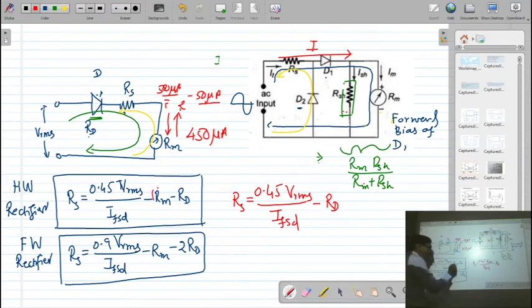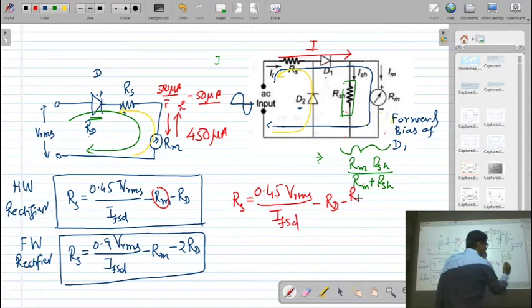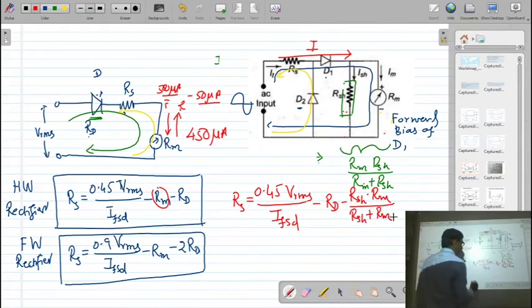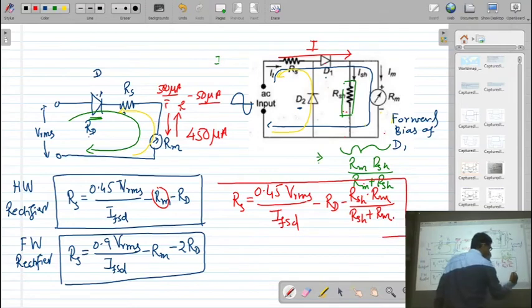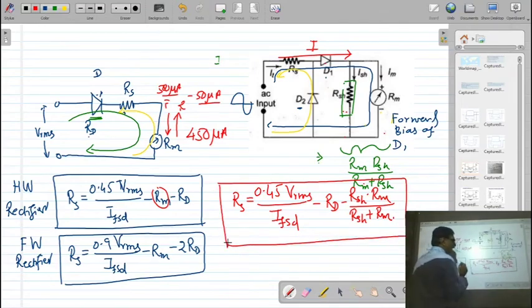Now instead of Rm, we have a parallel combination of a shunt resistance and Rm. So here we can write RSH into Rm divided by RSH plus Rm. So this is the formula for calculating a multiplier resistance in case of half wave rectifier.